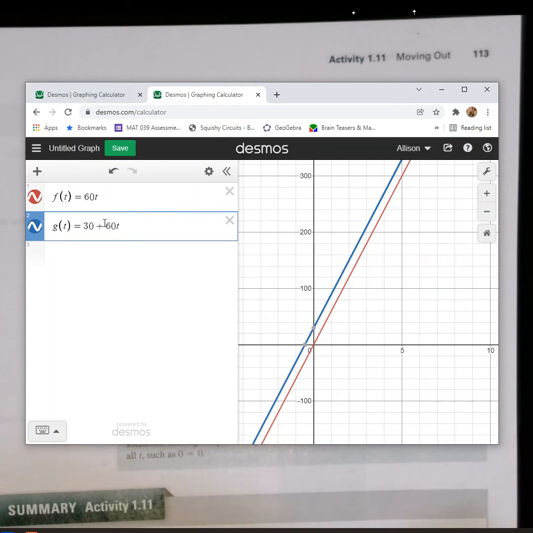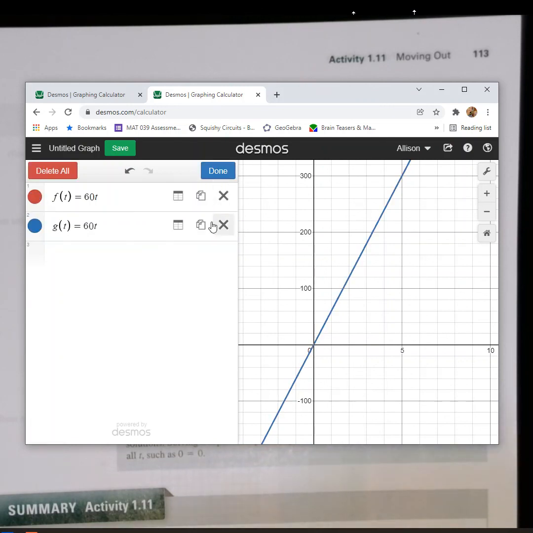All right, so let's just take off our head start. Okay, I see g of t. Where's f of t? If they are the same thing, if I turn g of t off, f of t is right underneath it. Or if I make g of t dotted, I can see the dotted line on top of the solid line.